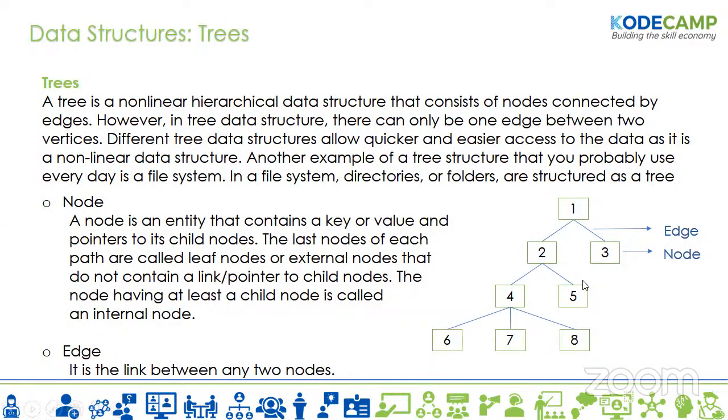So these here are the nodes, and they are connected by edges. This is an edge, this is another edge, an edge here, an edge here. So they consist of nodes connected by edges. However, in a tree data structure, there can only be one edge between two vertices.